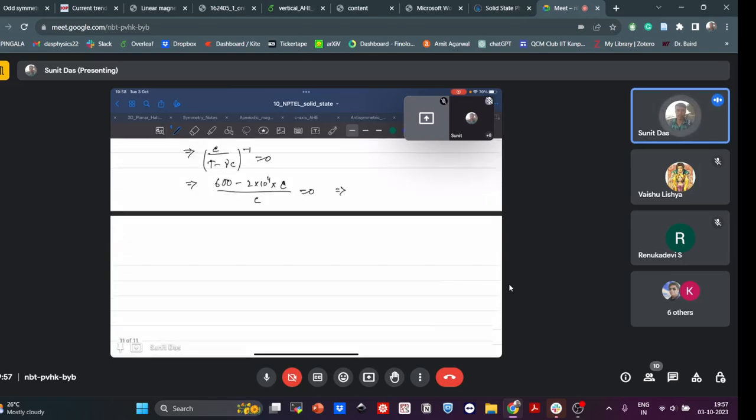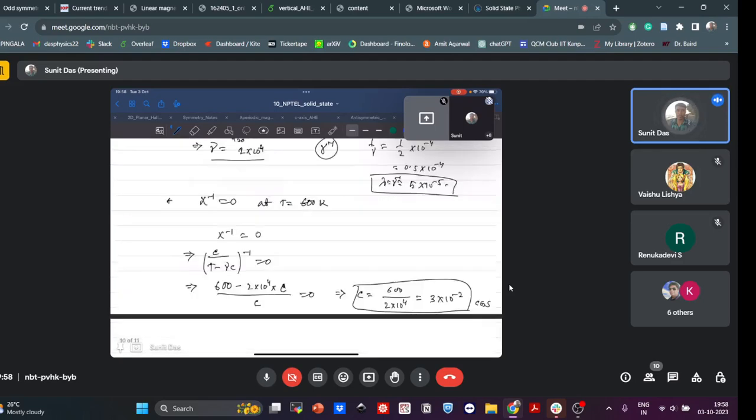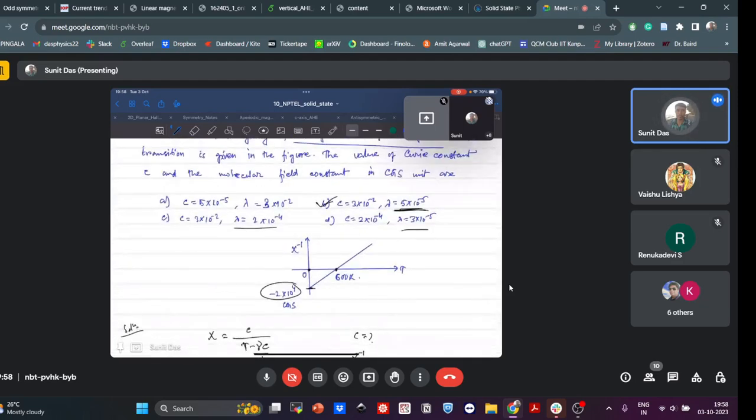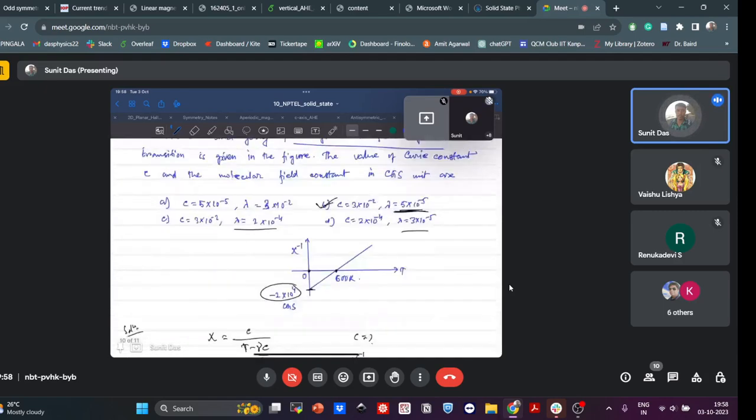This implies that C is 600 by 2 into 10 to the power 4, which is 3 into 10 to the power minus 2 CGS unit. So this is the correct answer, and this option is also there.